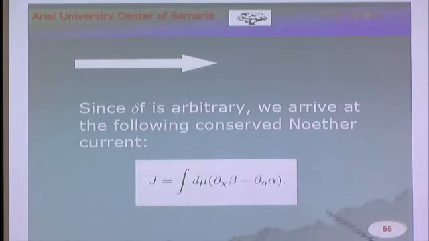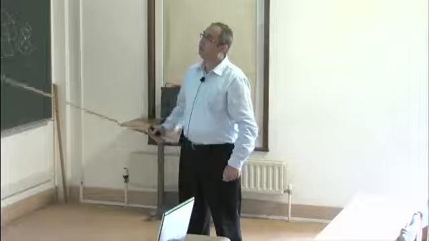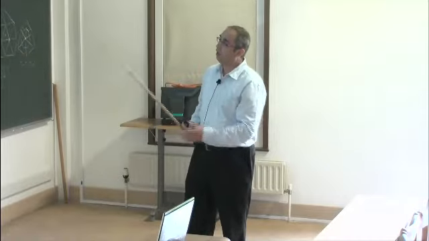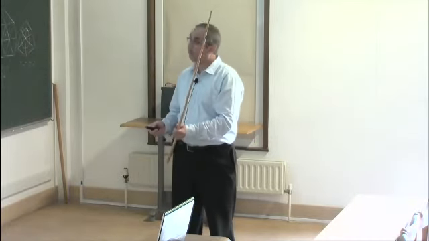So since delta f is arbitrary, we arrive at the following conserved current, which is given here in terms of beta and alpha.